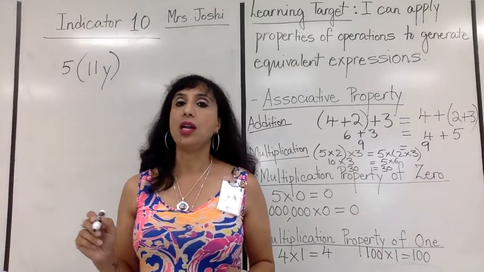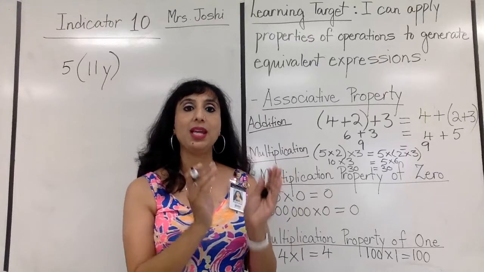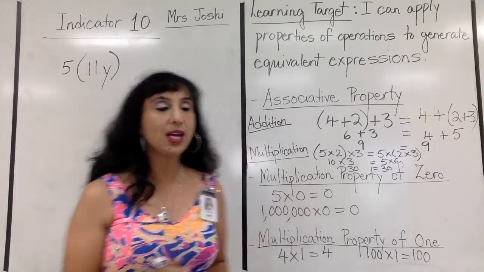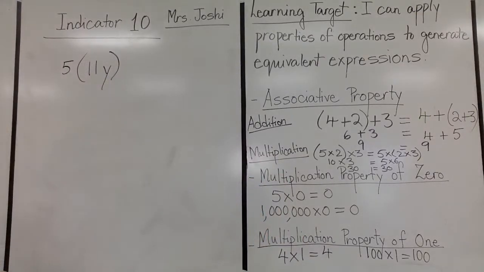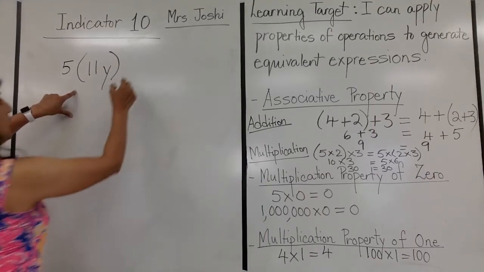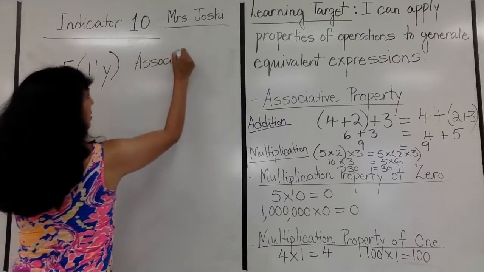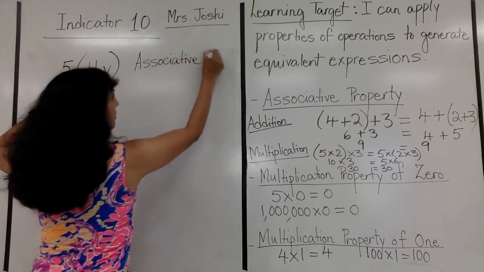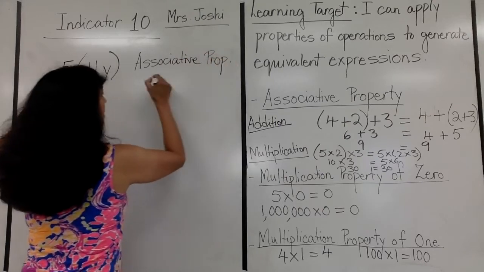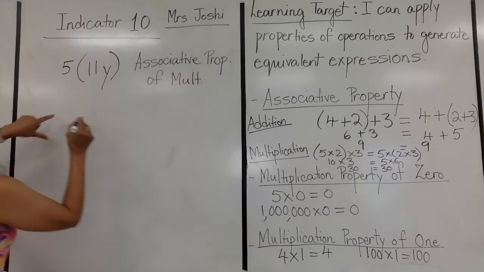Okay, so let's change the grouping so that the numbers can be next to each other. When we change the grouping over here, we are going to be using the associative property of multiplication. So please remember that.